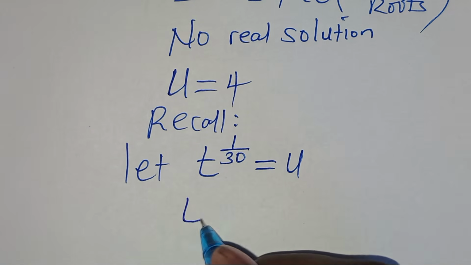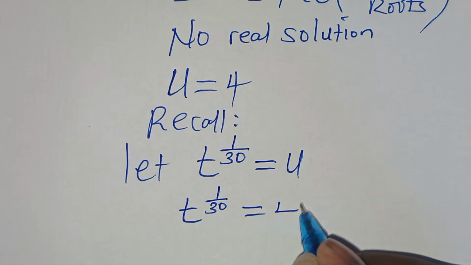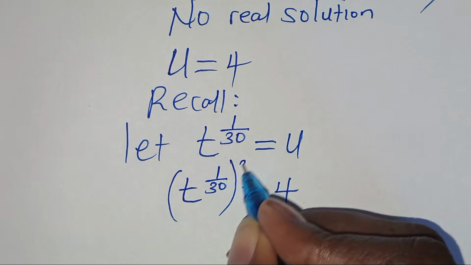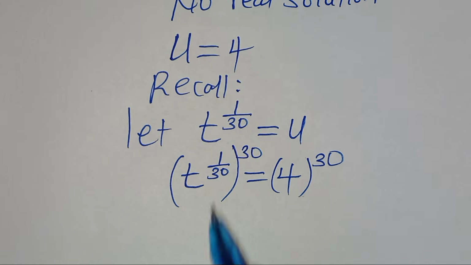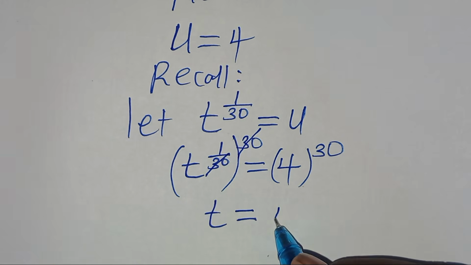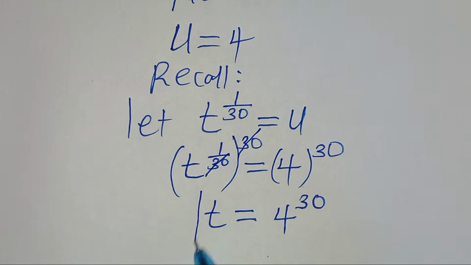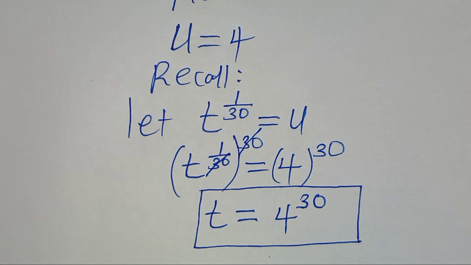So t raised to the power of 1 over 30 is equal to 4. Let's raise to the power of 30 on both sides. And this means that the 30 simplifies so that we have the value of t is equal to 4 raised to the power of 30.